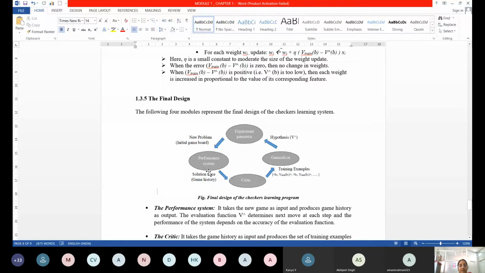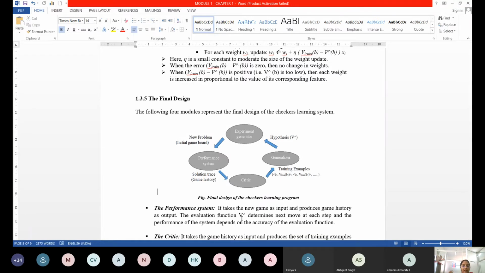So the performance system will get input as a new problem, and it will provide the game history as the output. And at each step here in the performance system, the evaluation function, what is our evaluation function? Function approximation, V approximation, right? That is going to decide what is my next move.